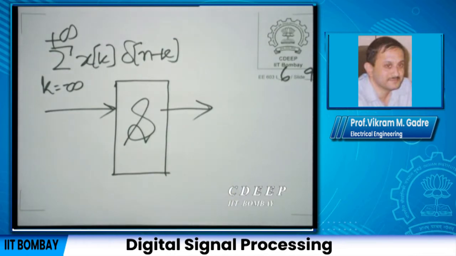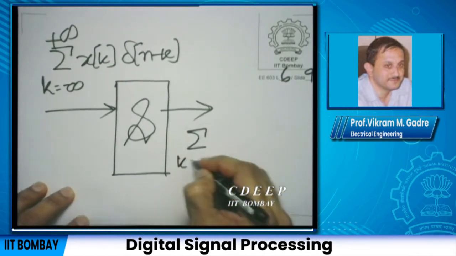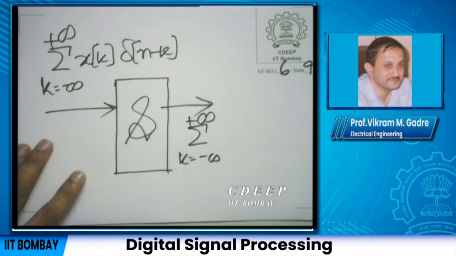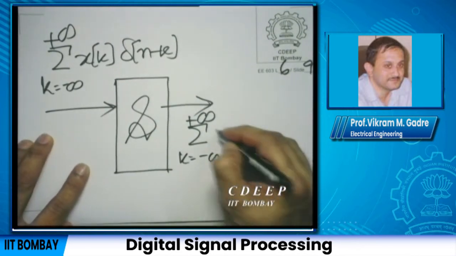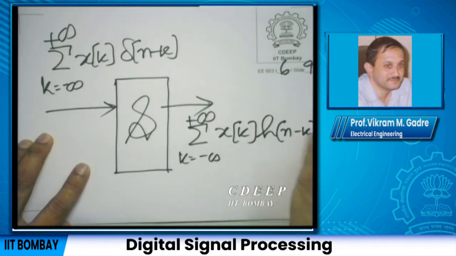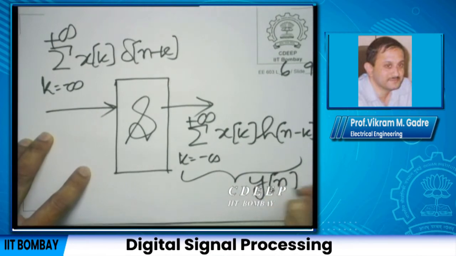Keep taking pairs and go on constructing the whole sum here, right. So, summation k over all integers x k delta n minus k would then be expected to produce summation x k h n minus k. And in fact, this is really the output y n because this is the input x n.